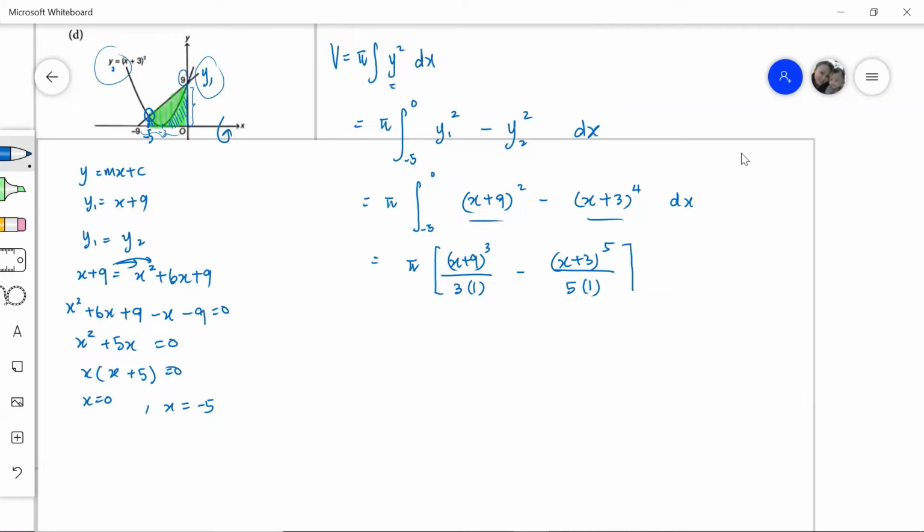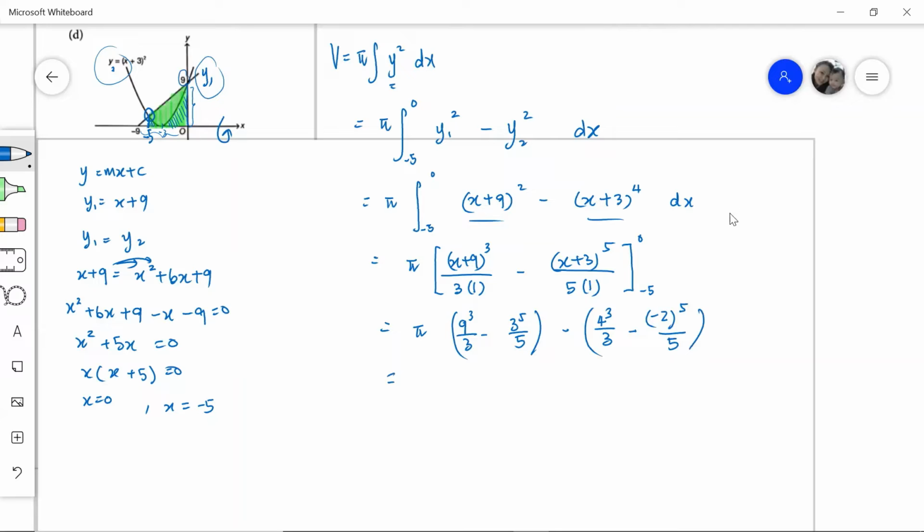And for these two, integrate from -5 to 0. So let's substitute the 0 in. So pi, 9 to the power 3 over 3 minus 3 to the power 5 over 5, and minus, when we put in -5, we will have 4 to the power 3 over 3 minus -5 plus 3, so we have -2 raised to the power of 5 over 5.